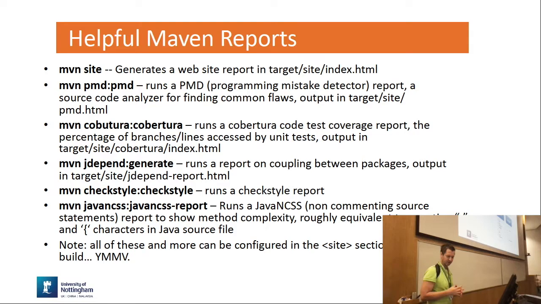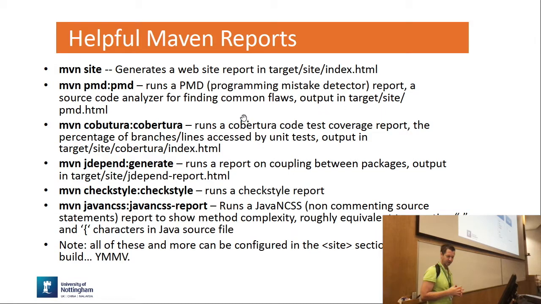Maven actually has a reporting system and code analysis features that look very interesting. There's a feature in Maven that looks for mistakes in your code, a source code analyzer for finding common flaws, which is quite interesting.